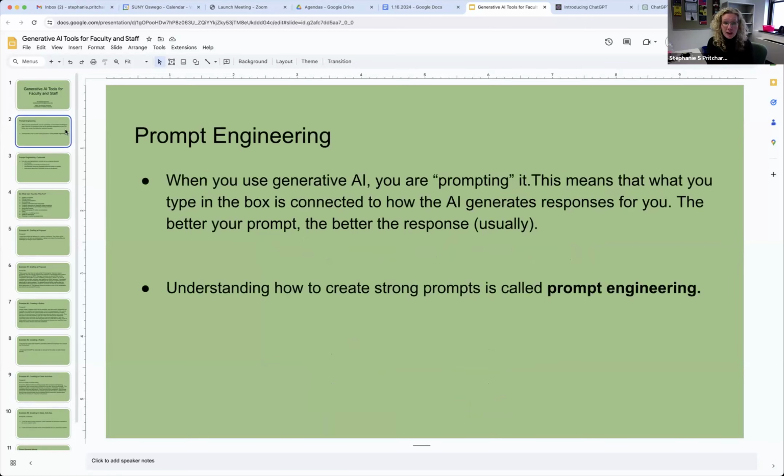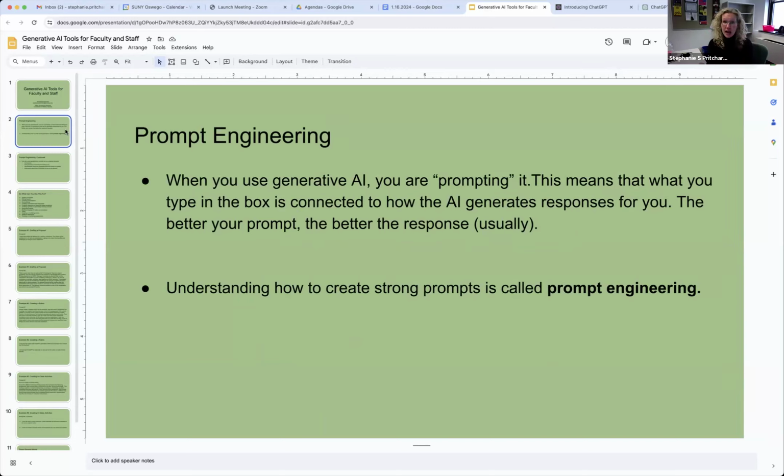So there is the phrase prompt engineering. I did want to go over this phrase right before I talk about the other things because I think that this phrase is really important. Prompt engineering is the phrase that we use when you interact with generative AI. Anytime you put in a new chat, you are prompting the AI to do something for you or give you something.